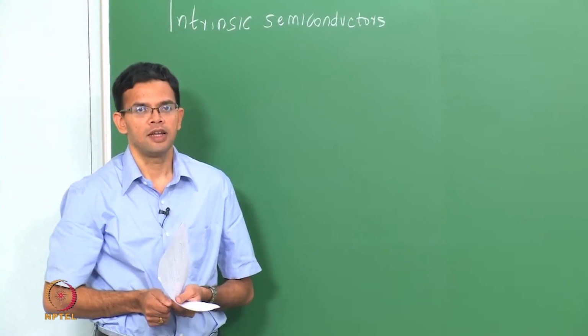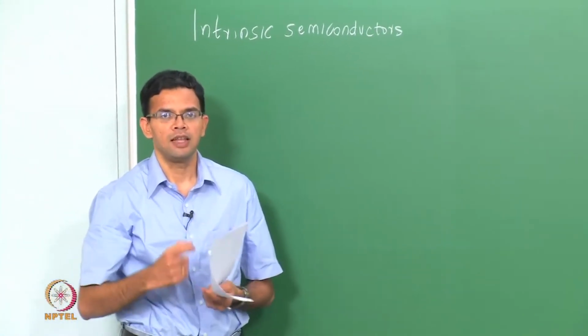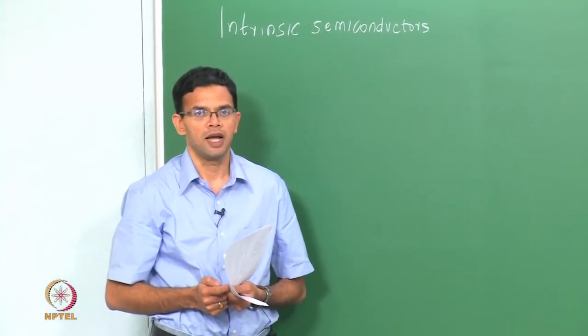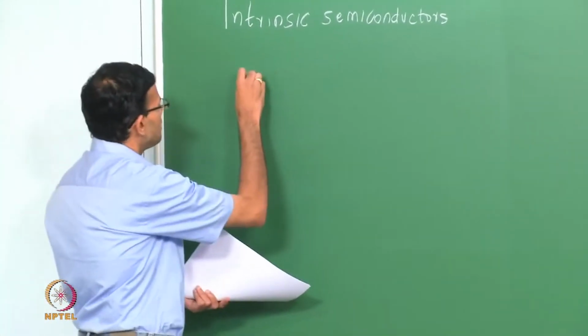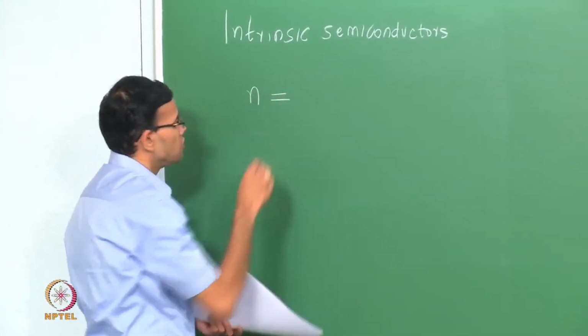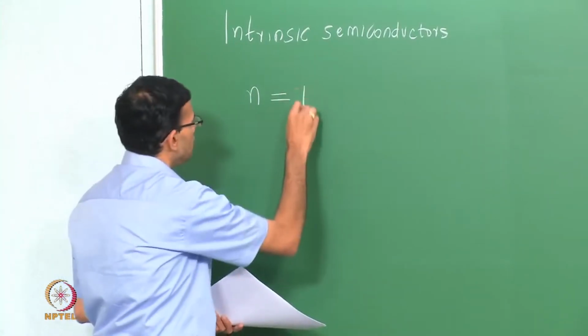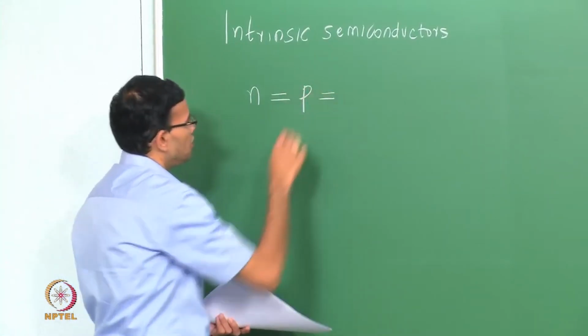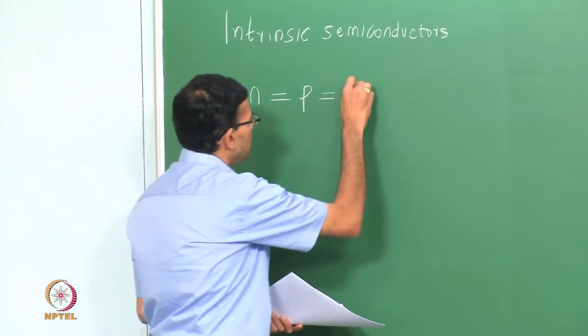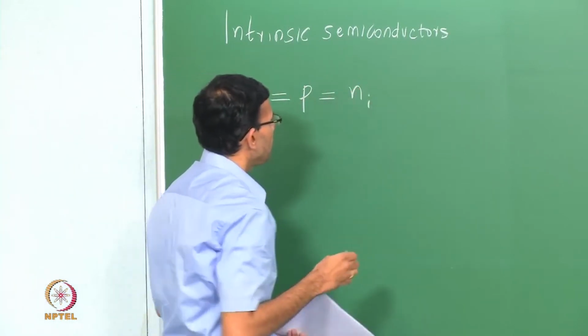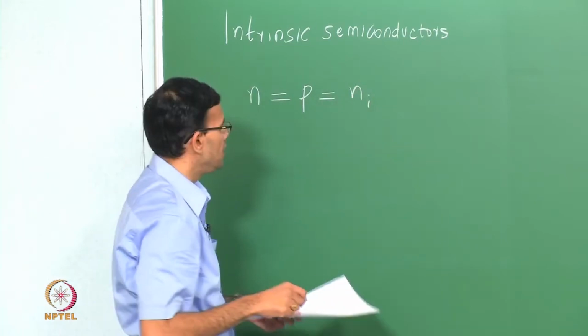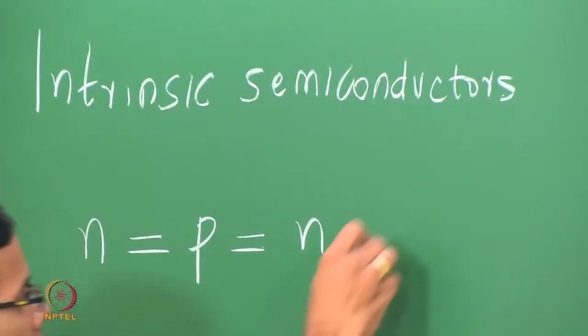We found that at any given temperature, electrons and holes are created in pairs, and in an intrinsic semiconductor n, the concentration of electrons, is equal to the concentration of the holes, and it is equal to a number Ni, which we called the intrinsic carrier concentration.